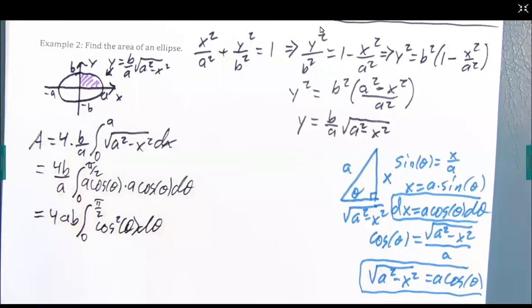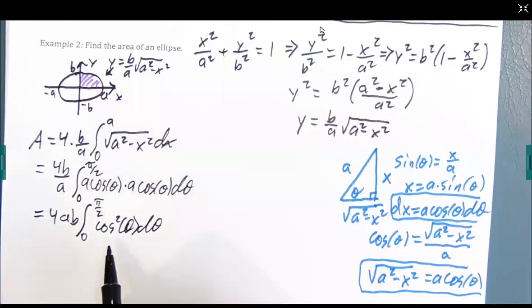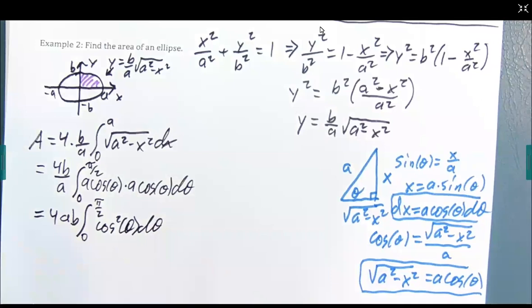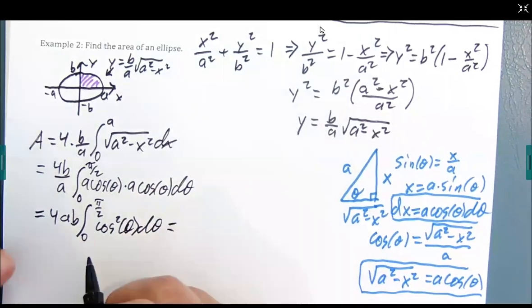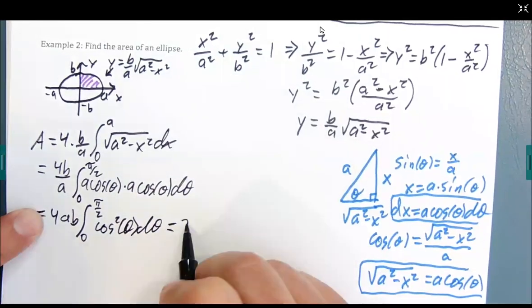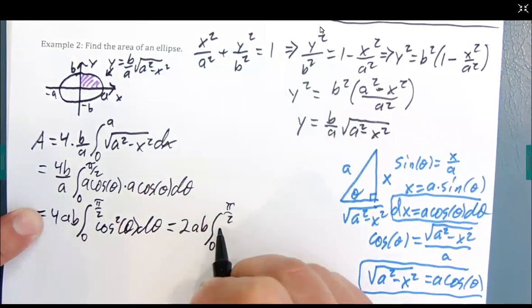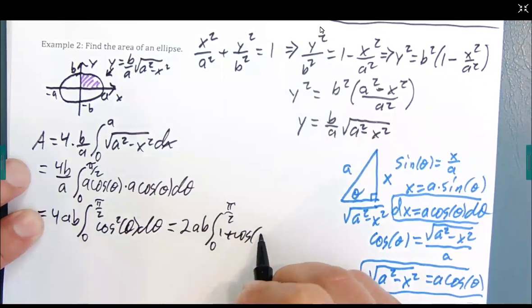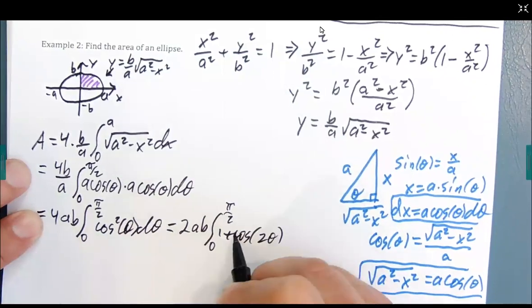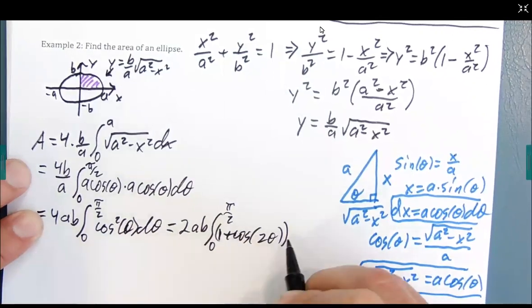And if you recall, we have a trig manipulation property for that. It has a 1/2, so I'm going to cut that in half. So that's going to be 2ab, the integral from 0 to pi over 2 of 1 plus cosine of 2 theta d theta.